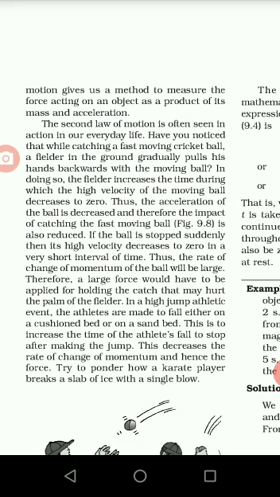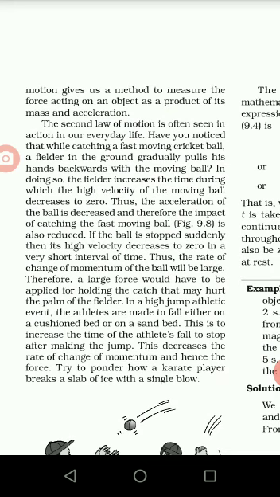But there are certain applications of the second law of motion in our day-to-day life. For example, at the time of catching the ball, the players draw their hands backwards. Why?